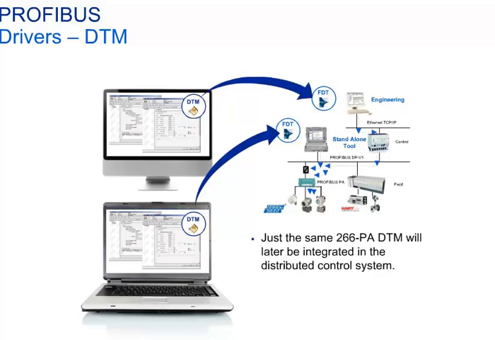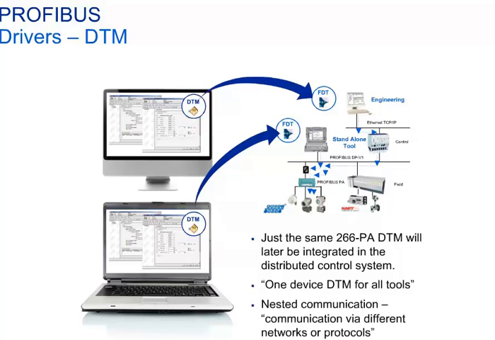Just the same 266PA DTM will later be integrated in the distributed control system. On the engineering station, the device parameters can then be changed using the 266PA DTM. In this environment, the user interface will be exactly the same as in the standalone tool used before. That's the advantage, one device DTM for all tools.